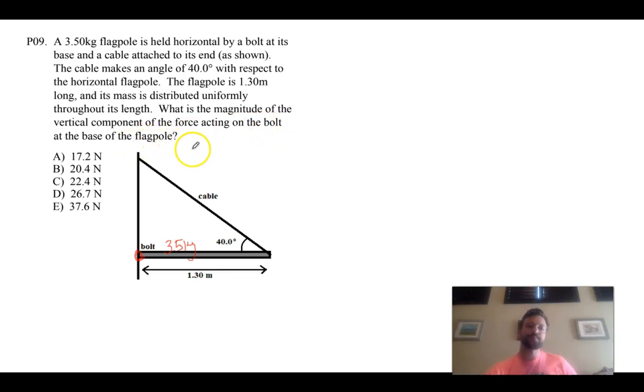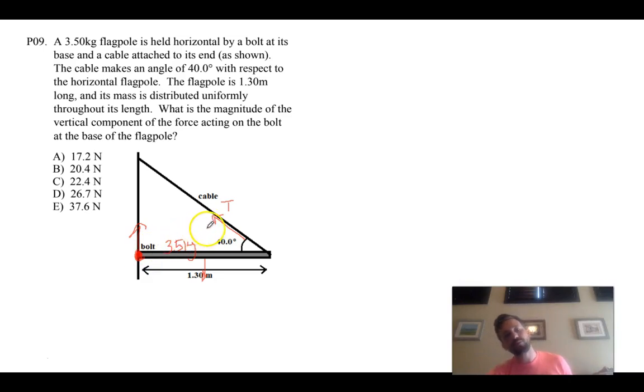the flagpole? Okay, so what we have here is we have the forces, we have the flagpole's weight going down that way, right? We have the tension pulling up this way, and it wants to know what is the force that this bolt is applying upwards to hold this together.